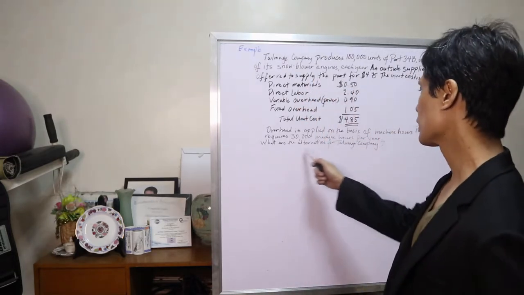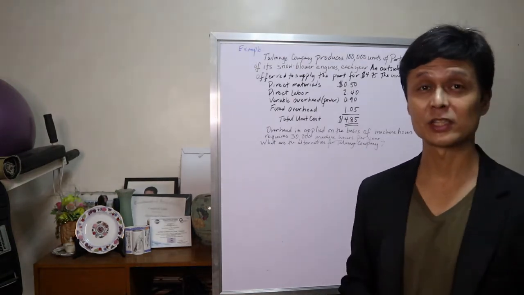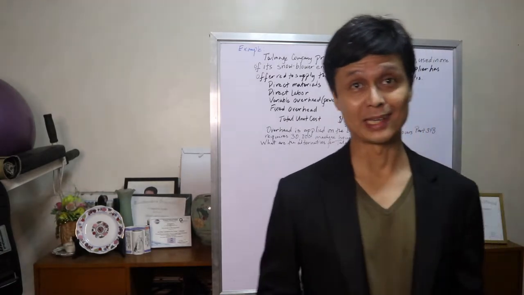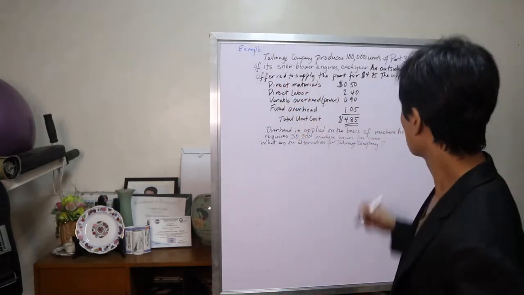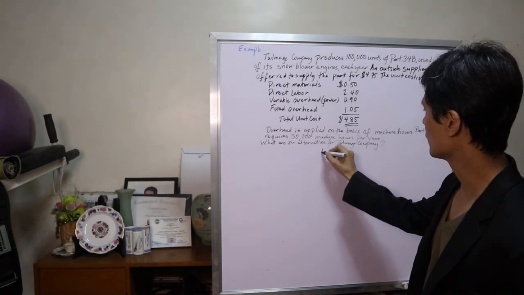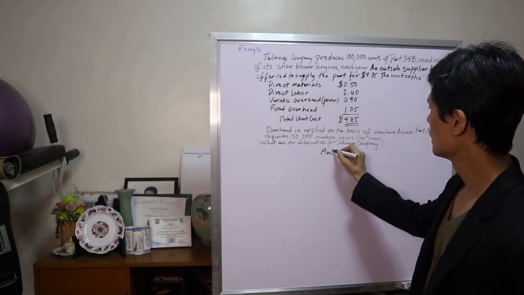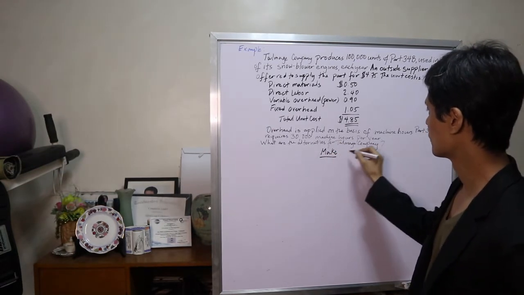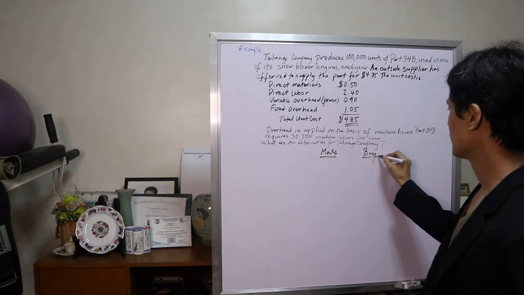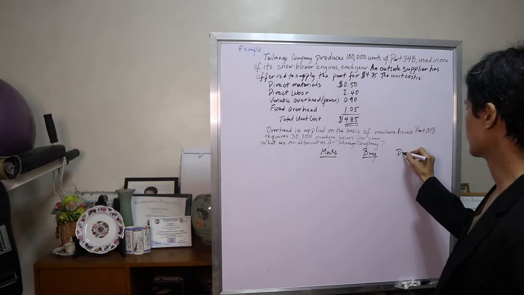Question dito is, what are the alternatives for Talmage Company? So, this is a make or buy decision making. So, gagawa tayo dito, so we'll place here: this is make, the cost of making, and the cost of buying. Tapos dito yung difference.